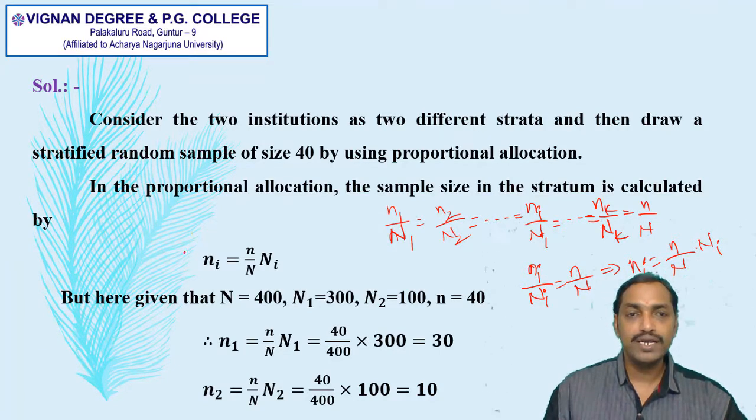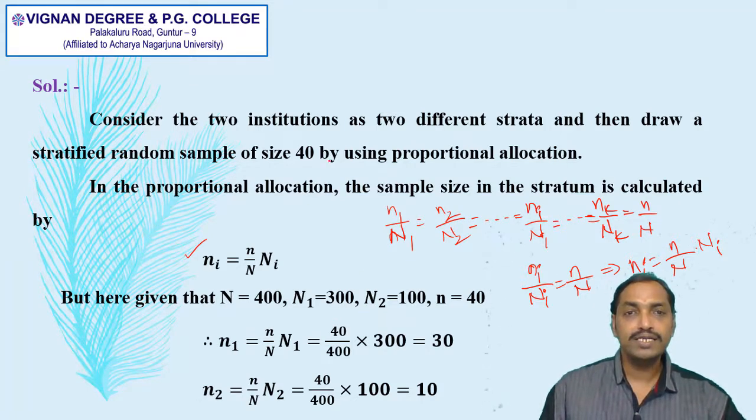So we write this formula. Small ni is equal to small n divided by capital N into capital Ni. But here given that capital N is 400, capital N1 is 300, capital N2 is 100 and the sample size is 40, that is small n is equal to 40. Therefore, small n1 is equal to small n divided by capital N into capital N1, which is equal to 40 divided by 400 into 300.